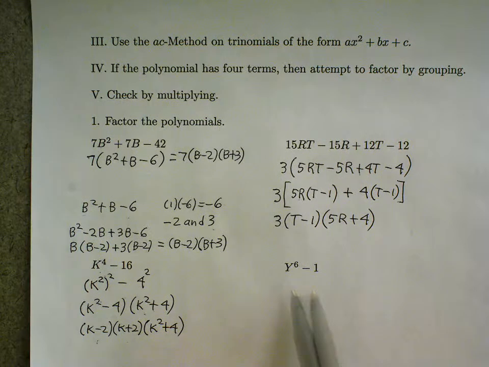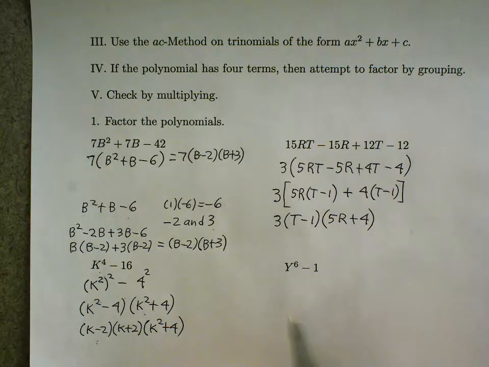Okay, the next one, y to the sixth minus 1. Well, this is a difference of cubes, and it's also a difference of squares. Because 1 to the third is 1, and 1 to the second is 1.